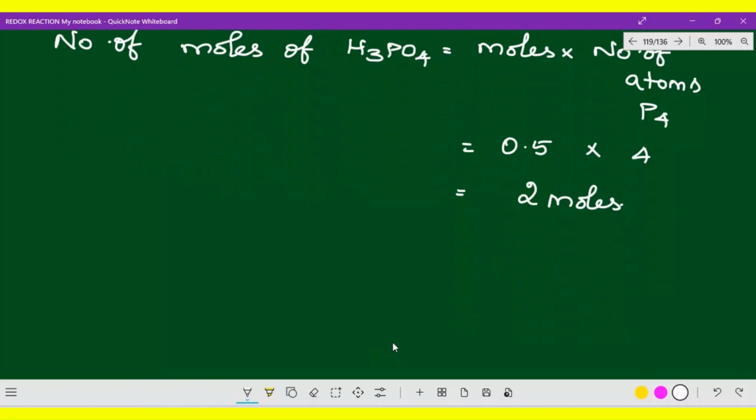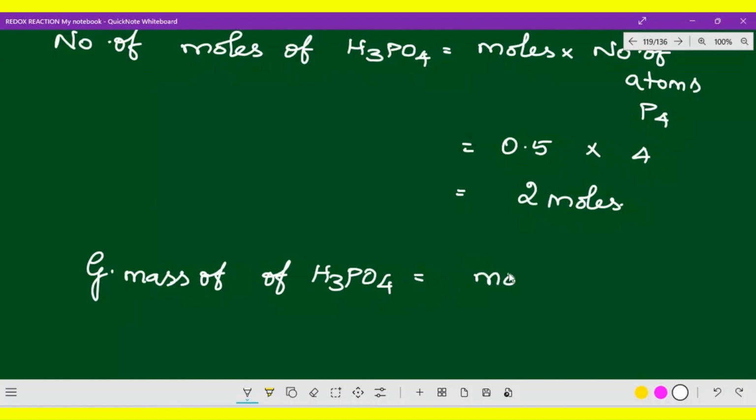So for 2 moles of H3PO4, we have to identify the given mass. Given mass of H3PO4 is moles into molar mass, so 2 mole into molar mass of H3PO4, 98 gram per mole.